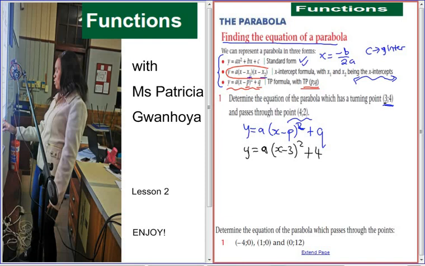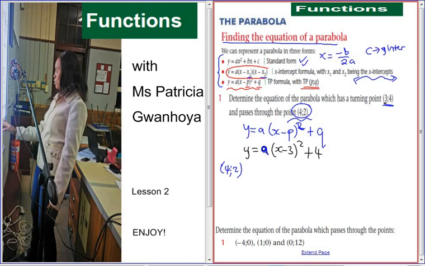The only unknown we seem to have now is that a that is over there. So to get the unknown, you have to find any other coordinate given that is on this function, and then you substitute it in place of x and y. So luckily for us, we have this coordinate (4, 2), which was given to us over here.